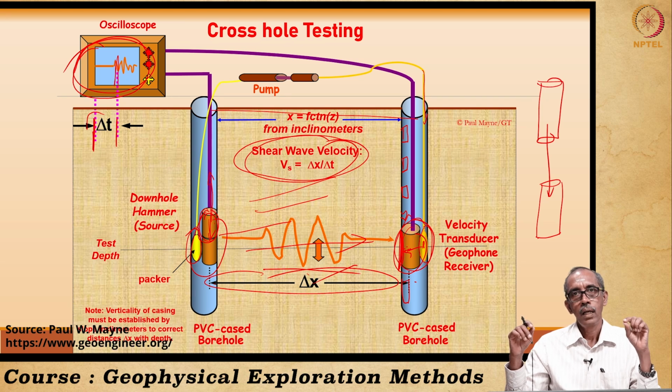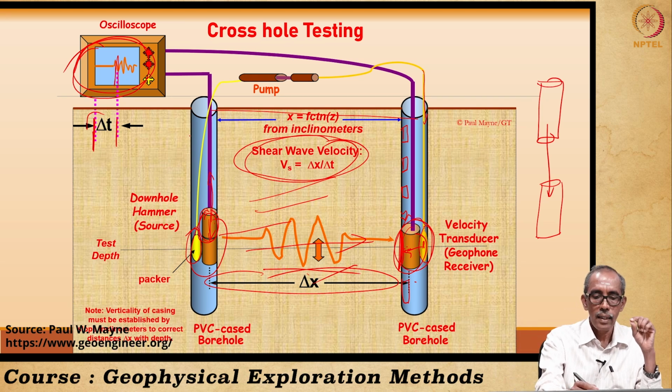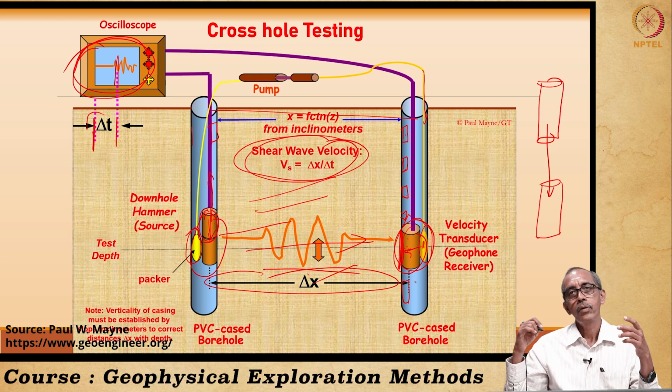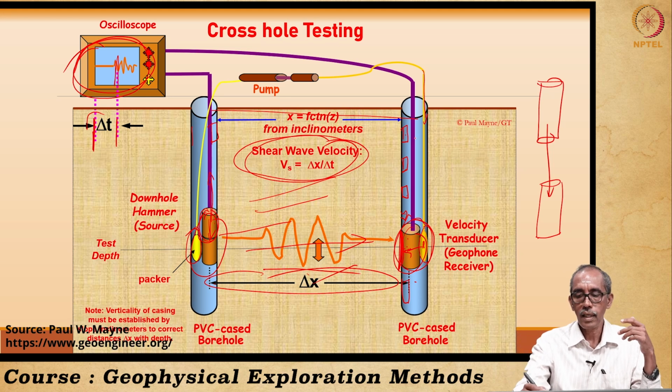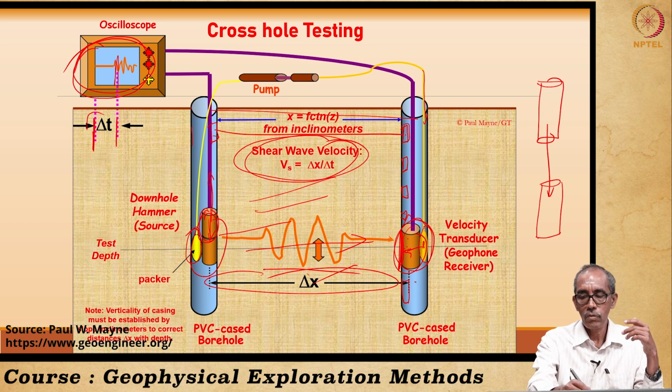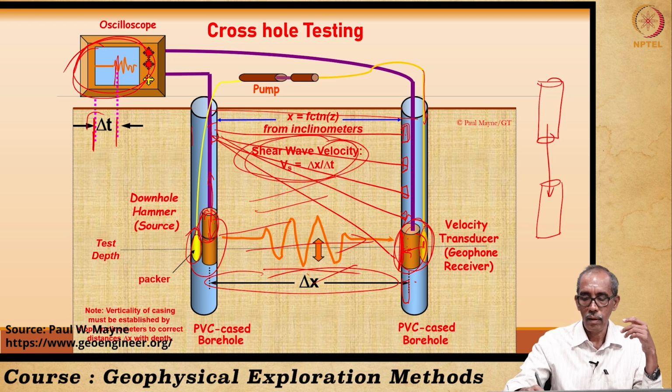That means we are literally scanning. Suppose the source is somewhere here and the detectors are kept at different locations, you may repeat, or we may have a multi-channel recording system. That means here this cable will have 5 geophones. So all the 5 geophones will simultaneously receive the signals as I am drawing, right.